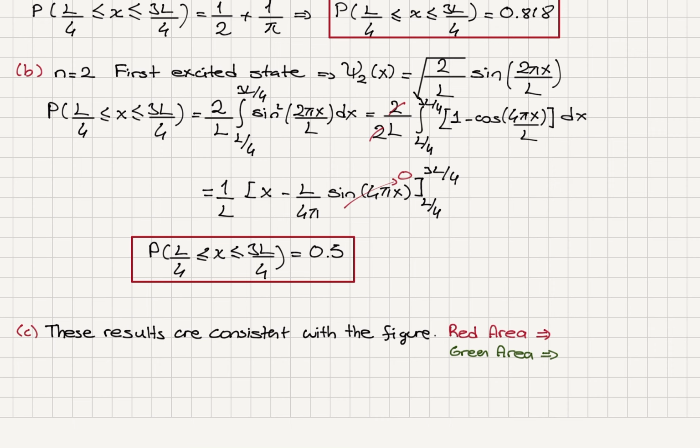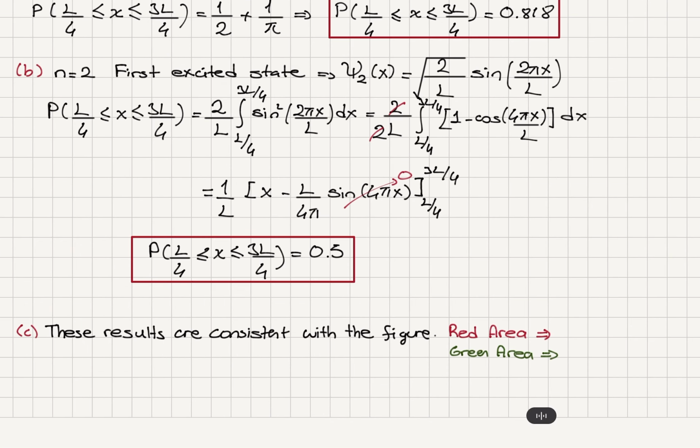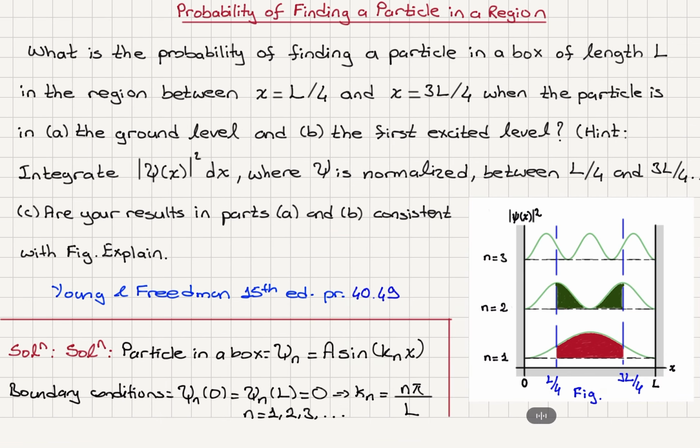The red area corresponds to the ground level, and that area, according to this calculation, is 0.818, and the green area is 0.5. So if I look at these areas visually, I can see that this area is 0.5, this area is 0.818, so the results are consistent with the figure.